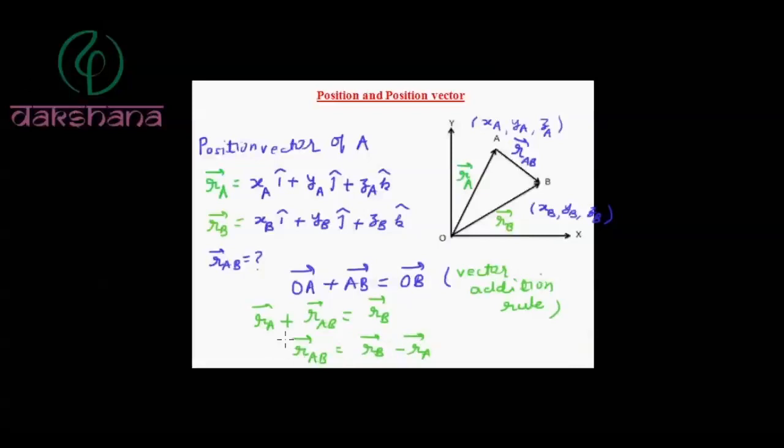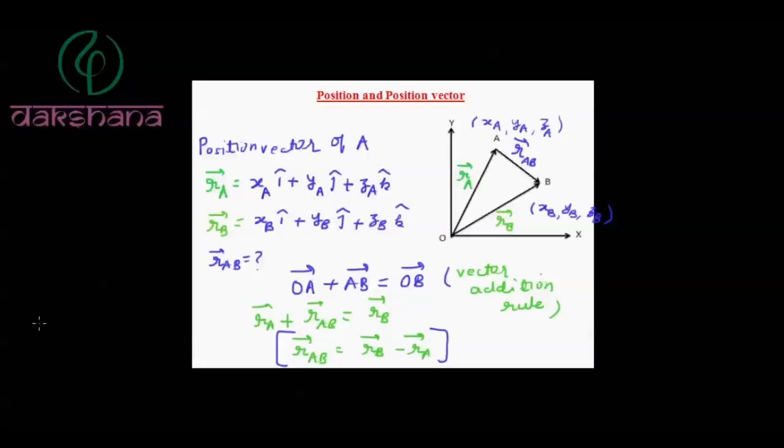So it is the change in position vector of B from A, that is the subtraction of the position vector of A from the position vector of B.